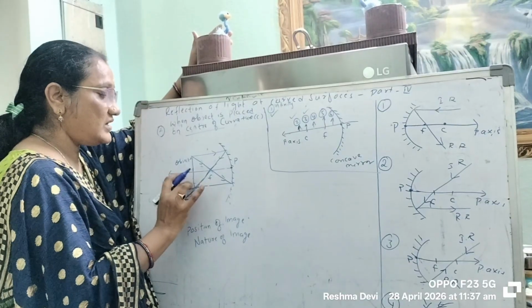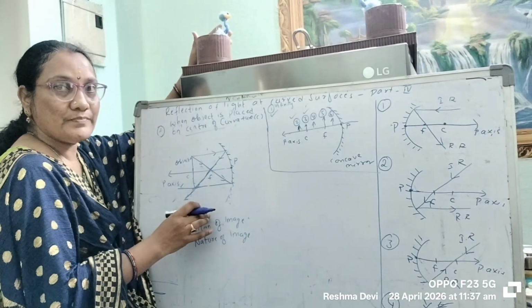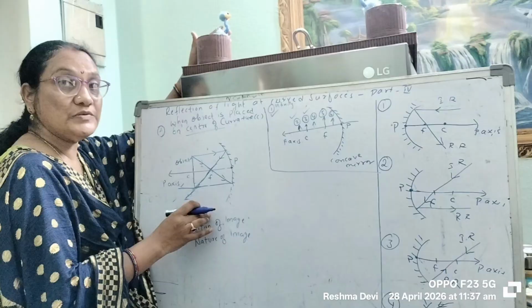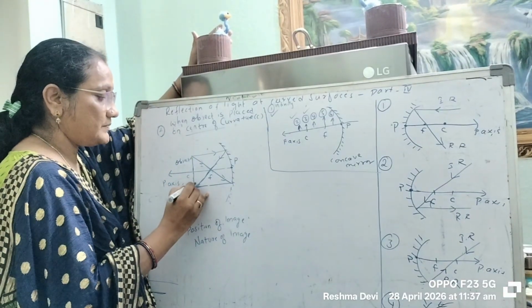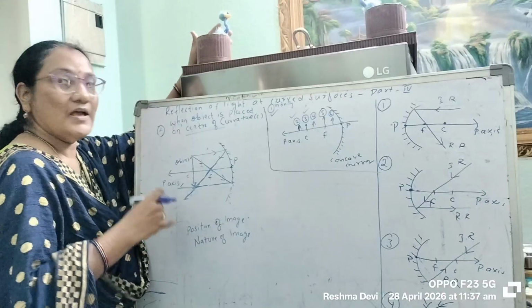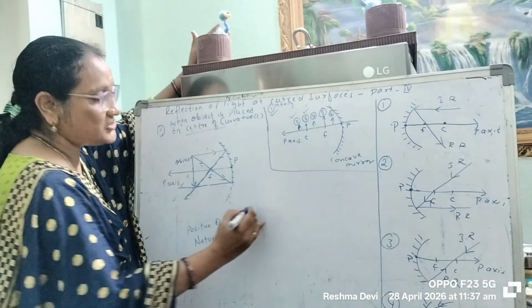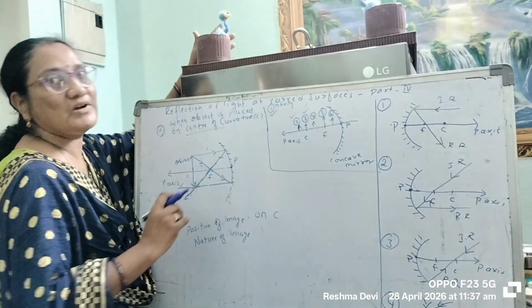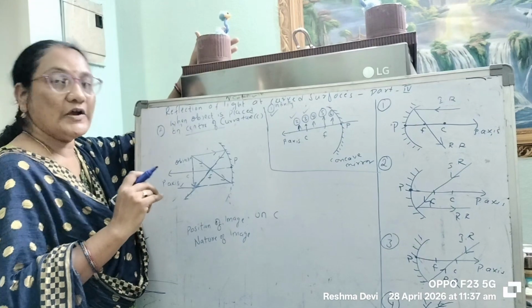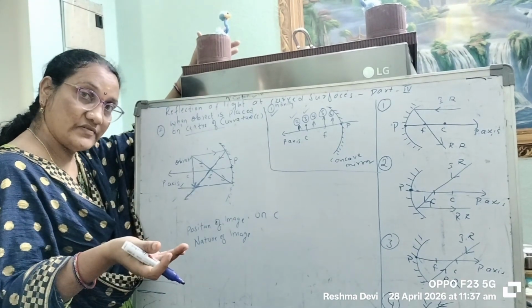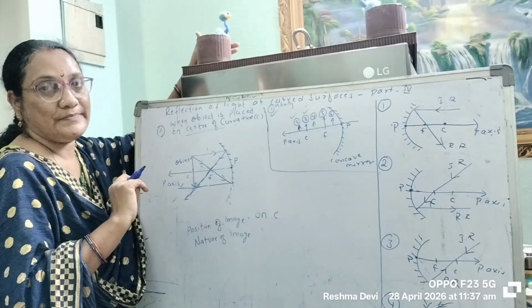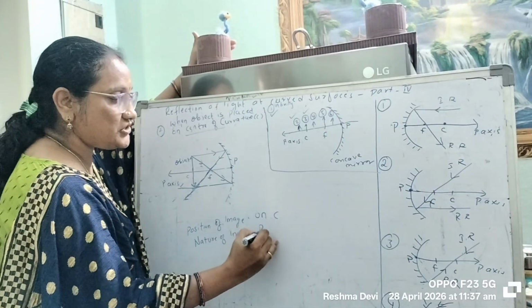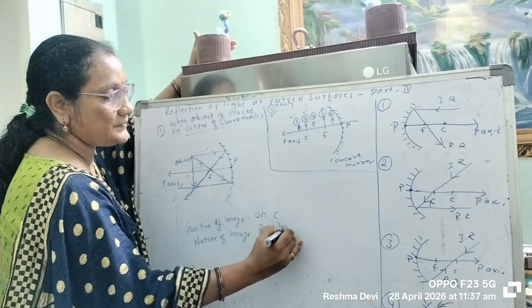Image means what we defined in video 2: either the converging point or which appears to diverge. Now see. Where the image is formed, the position is on center of curvature only. Okay, when object is on center of curvature, image also forms on center of curvature only. Right? Nature of image: one, it is real.